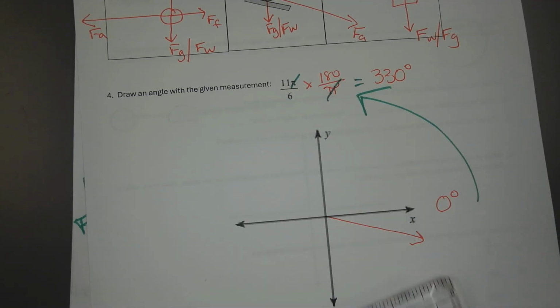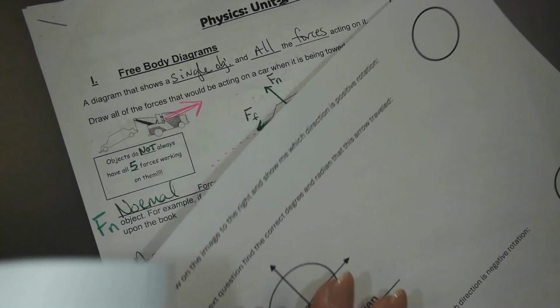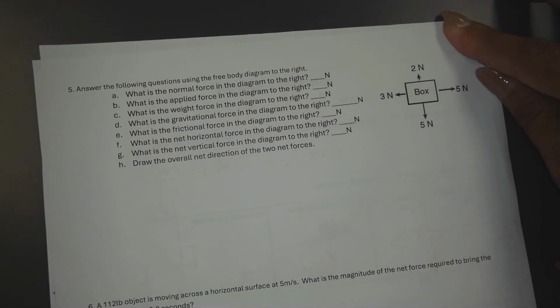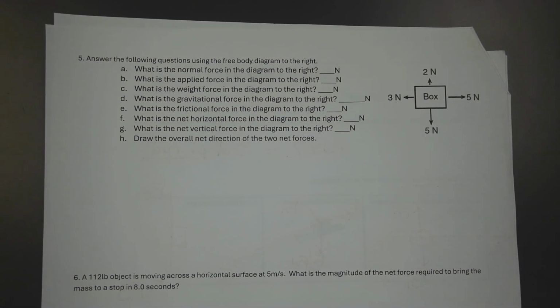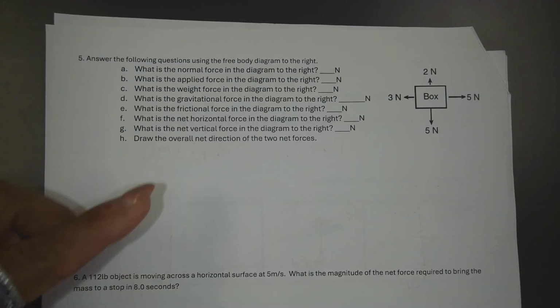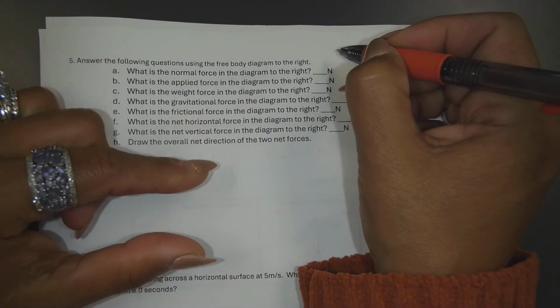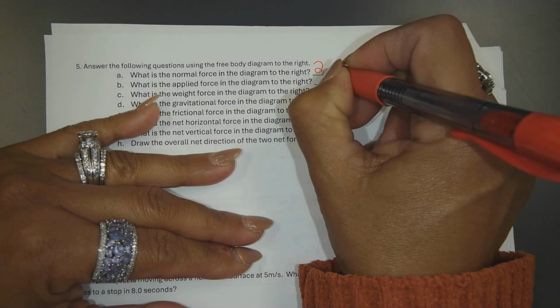Alrighty, so I'm going to keep going. This is another free body diagram, but for this free body diagram, it actually gives you the magnitude. You needed to identify which type of force it is. So looking at this, my normal force is 2 newtons.